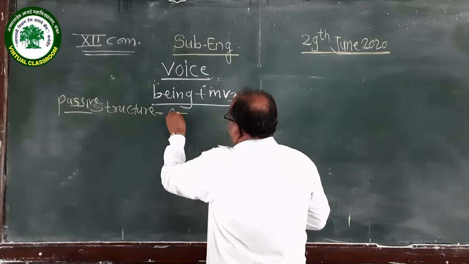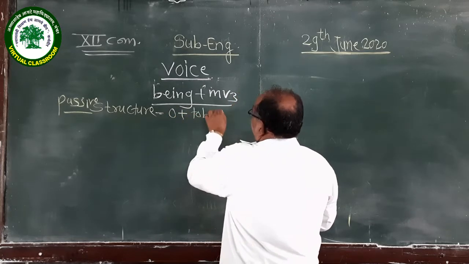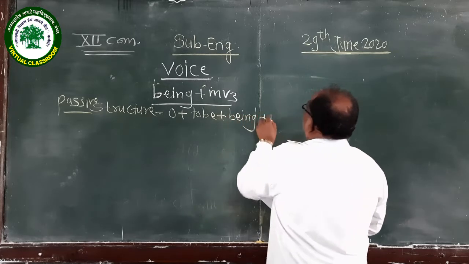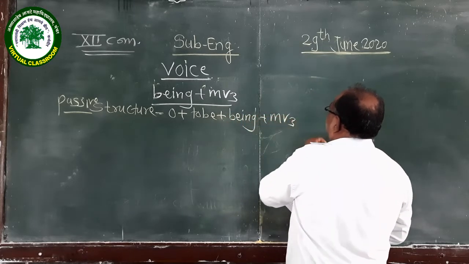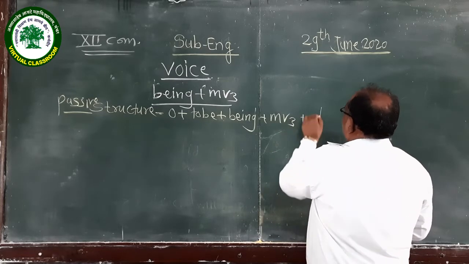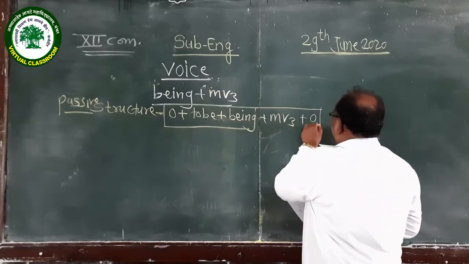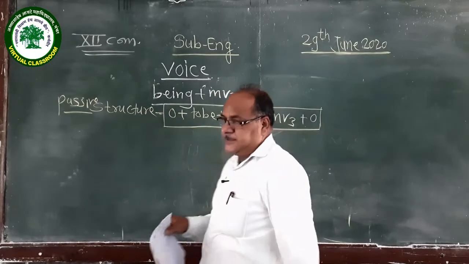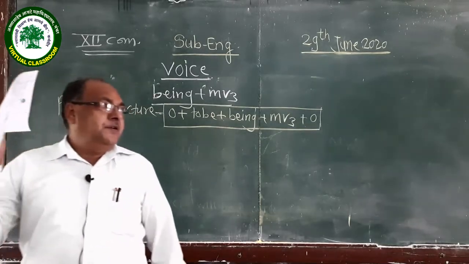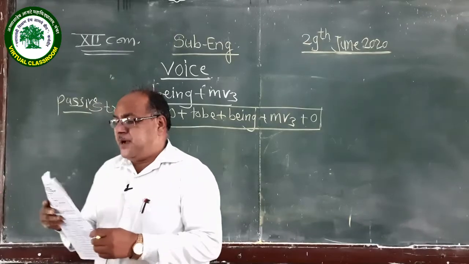Begin your passive voice sentence with the object, then take a form of to be, then use being in the sentence, then MV3, the past participle of the verb, and then by and the object. So with the help of this formula we can change an active sentence into passive form, especially a present continuous or past continuous tense sentence.